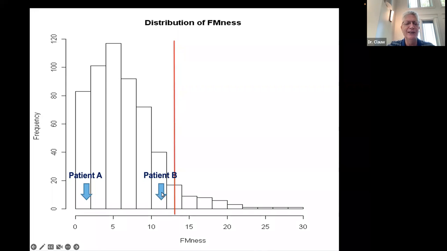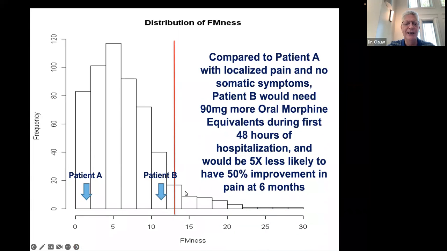But look at how different, even though this person doesn't have fibromyalgia, he hasn't crossed over the line to 13 or greater, look at how different patient B and patient A are when they have surgery. Patient B needs 90 milligrams more of oral morphine equivalents to control his pain just in the first 24 to 48 hours. That's a huge difference.